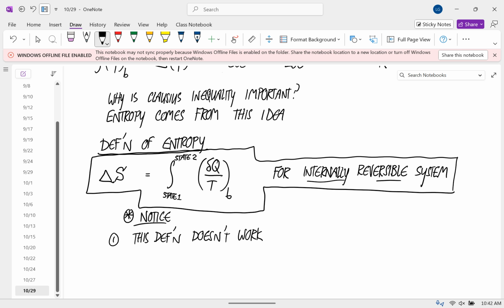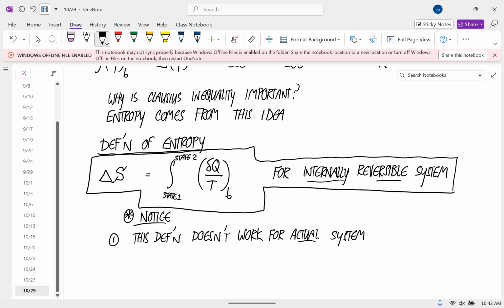It only works for these theoretical perfect systems. Whereas that Clausius inequality was for actual systems.